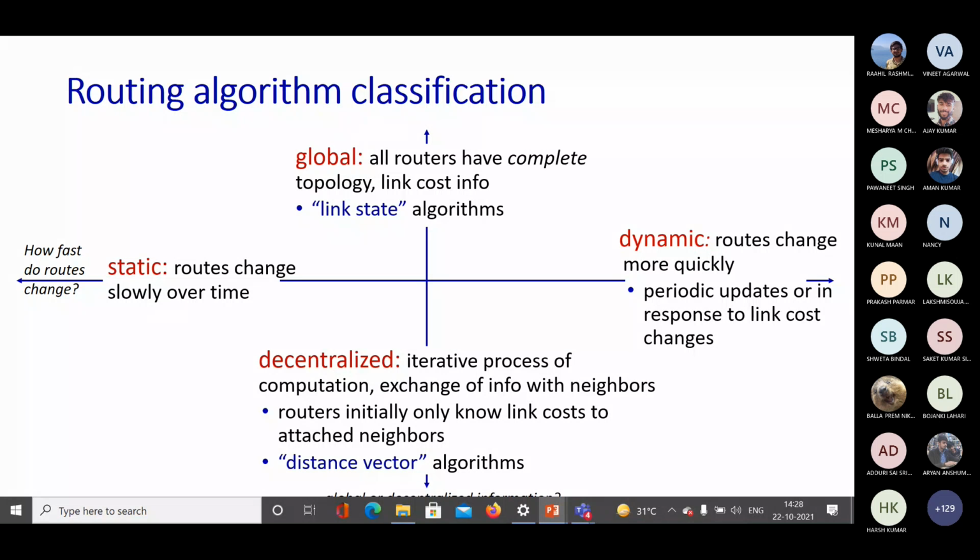All right. Now the question that arises is which kind of algorithm should be used in which case. So we have seen that it depends on what is the kind of network that we are currently looking at. If in your network the routes change very slowly over time, then you call it a static network. Okay. So in that case, I think you know the answer better.